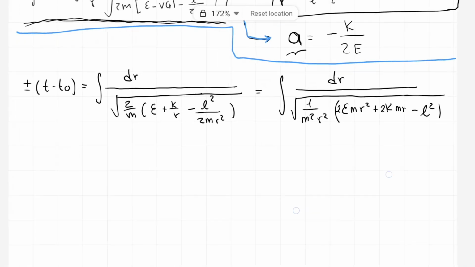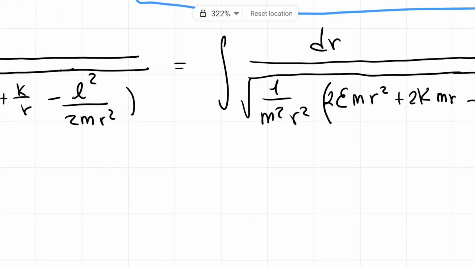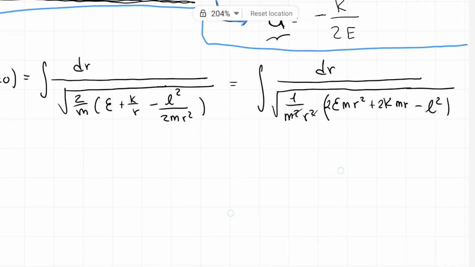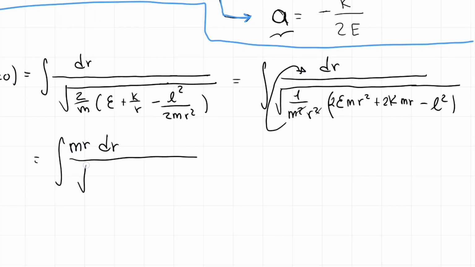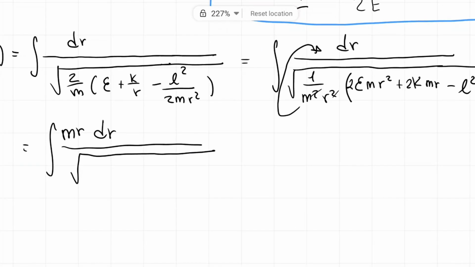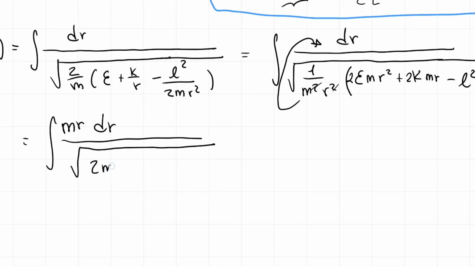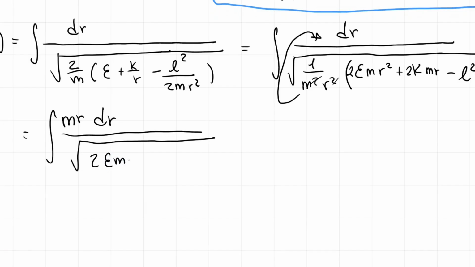We can cancel this square root with these squares because they are positive quantities. So this is the integral of mr dr all over the square root of 2E mr squared plus 2k mr minus L squared.